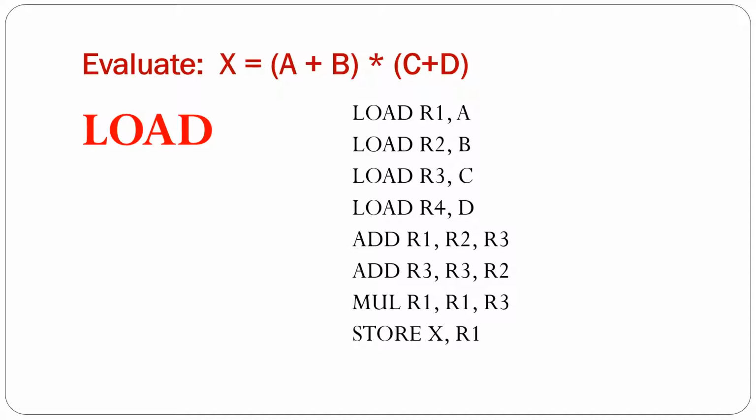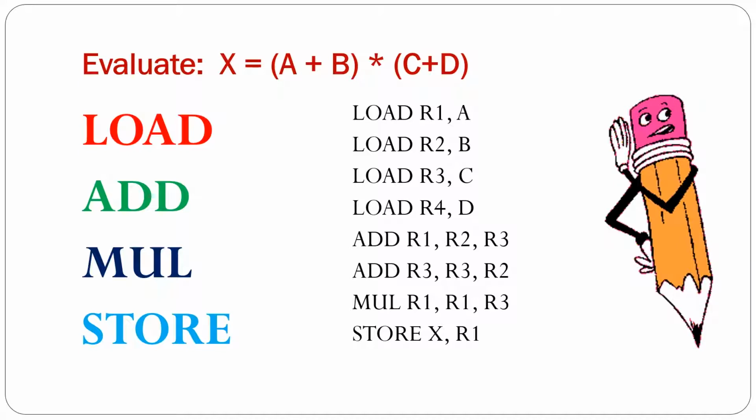Store X, R1, that is, R1 moves to M[X]. Load instruction transfers the content of operands from memory to registers. Add and multiply perform addition and multiplication operations, and the result is stored in memory using the store instruction.